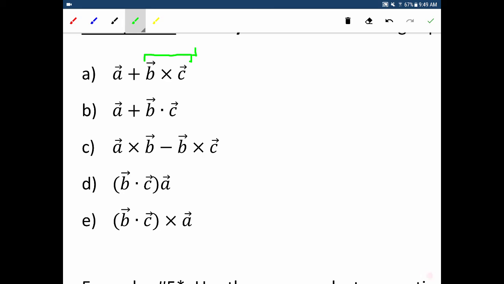And then we're going to add a vector. A vector plus a vector is a vector. Okay. This one, we're going to do the dot product first, and that's going to give us a scalar. Then we're going to add a vector and a scalar. And there's no such thing. That's an example of what I'm talking about when I say meaningless.